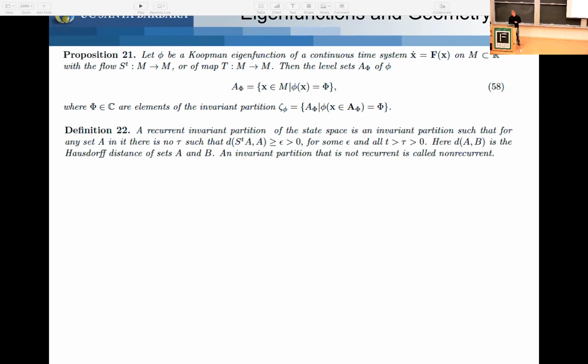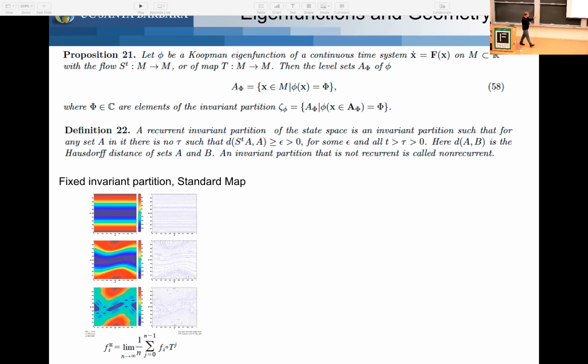So here is a little proposition that tells you the following. You don't need to read it. If you find an eigenfunction and you find its level sets, that provides you with an invariant partition of the state space. So it's going to foliate the space into subsets that the dynamics maps into each other. So the simplest invariant partition would be the fixed one.